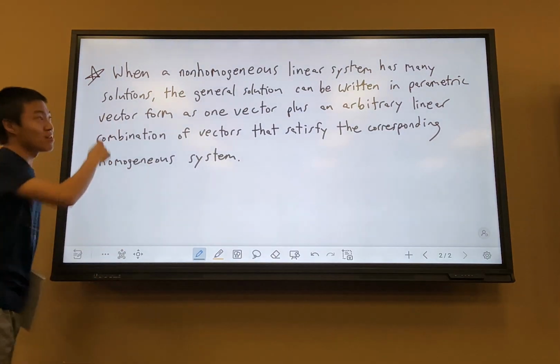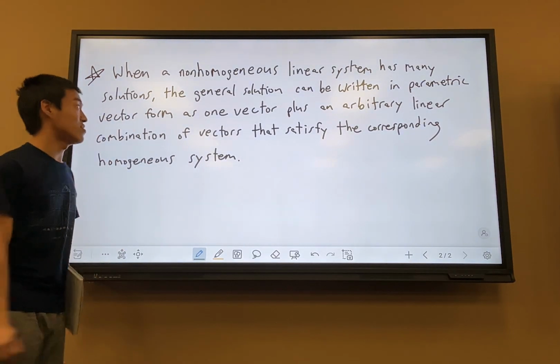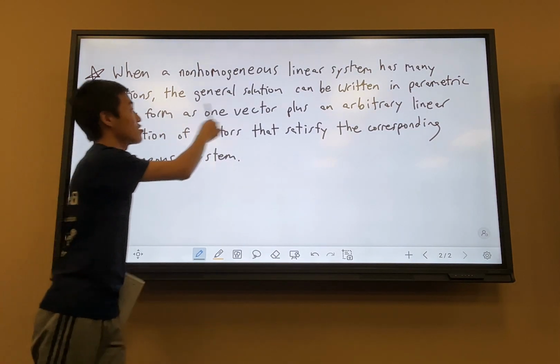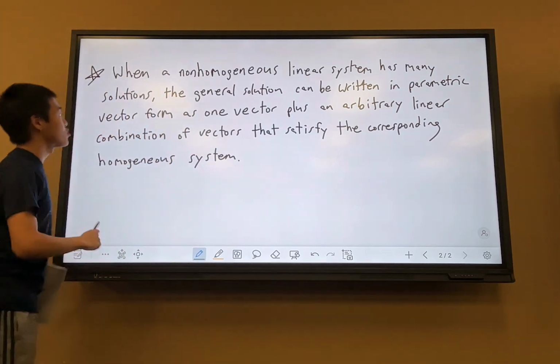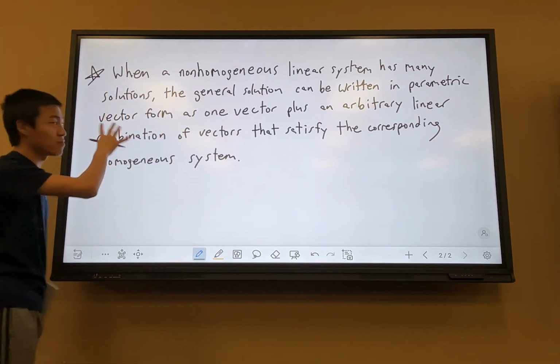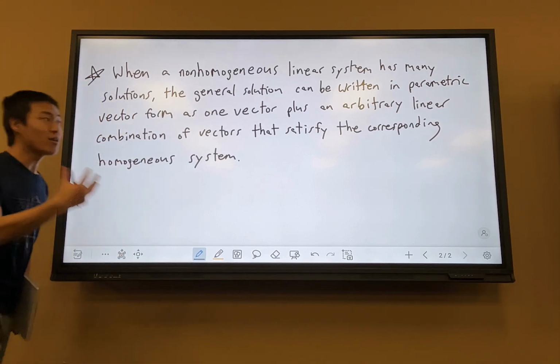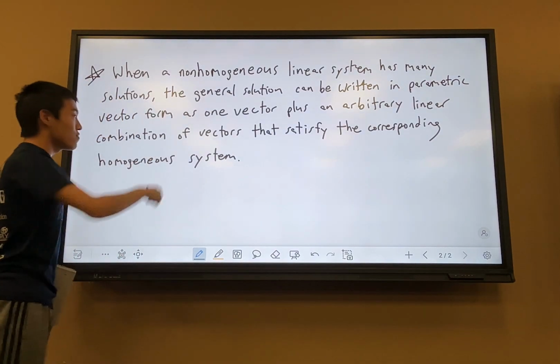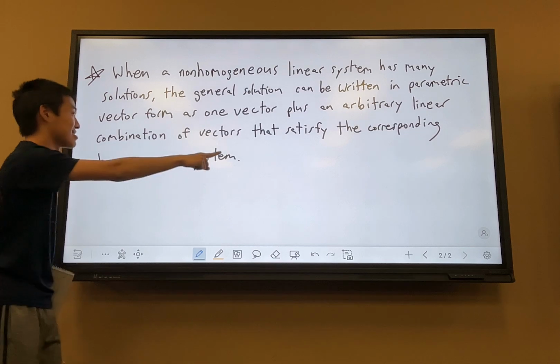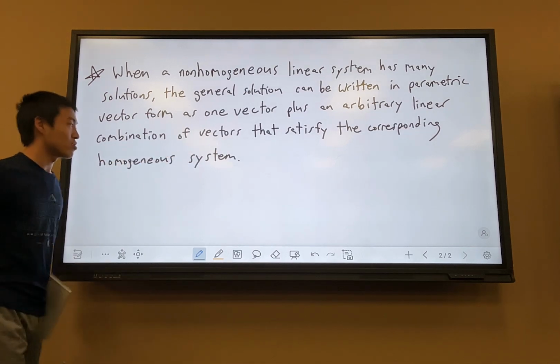The only way you can have many solutions is for there to be infinitely many solutions. Then that means your general solution, we can express what the solution is by taking some vector and then adding an arbitrary linear combination of some other vectors. And those other vectors essentially are the ones that satisfy the corresponding homogeneous system.